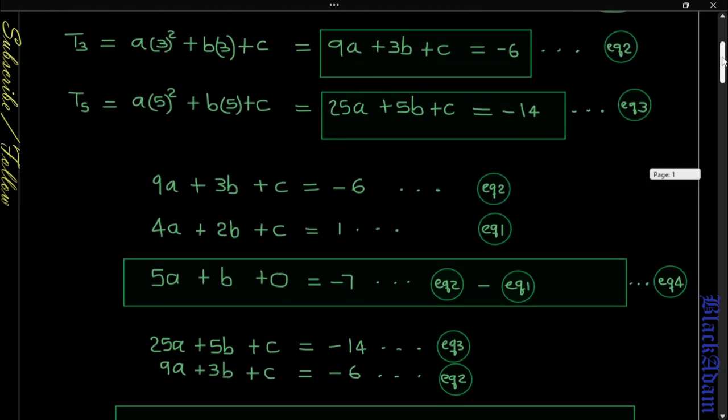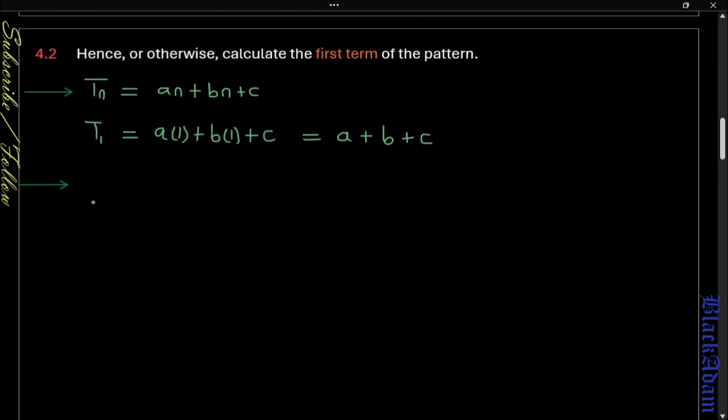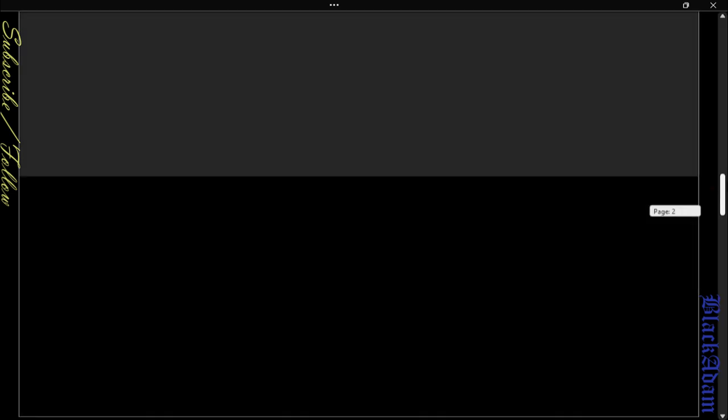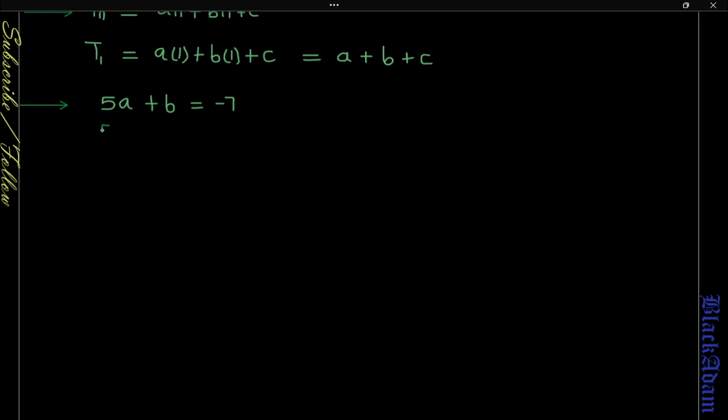A is already 1, so to find b we use that equation, 5a plus b is equal to -7. You can use any of the equations. Since a is 1, we have 5(1) plus b is equal to -7. So b is -7 minus 5, so b is -12.